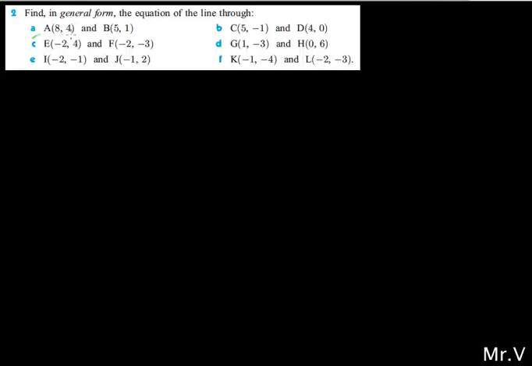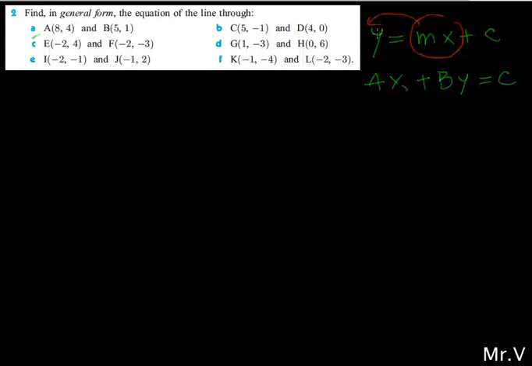We're going to have a point A and a point B. And again, we are trying to find the equation of the line in this form, and then you rewrite it in a way that we have our general form of the equation, that is ax plus by equals c. It's just by simply moving this term to the left side.